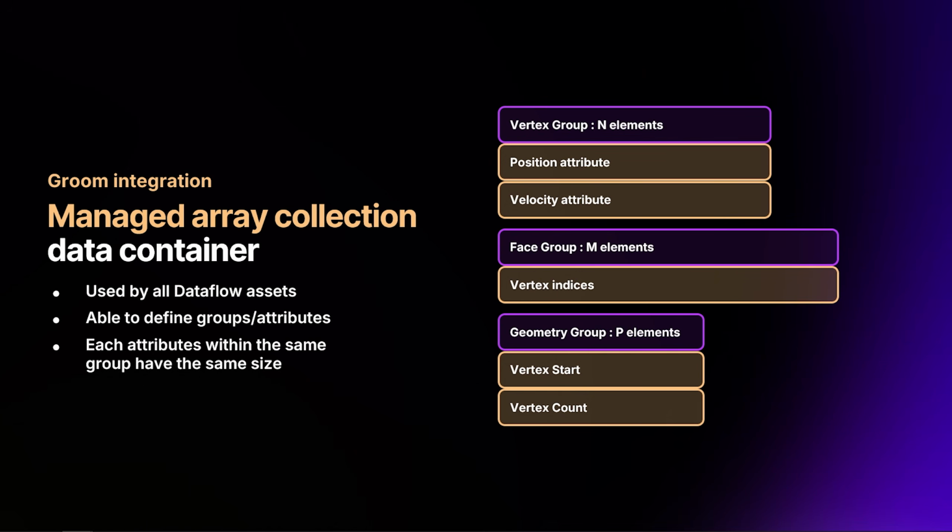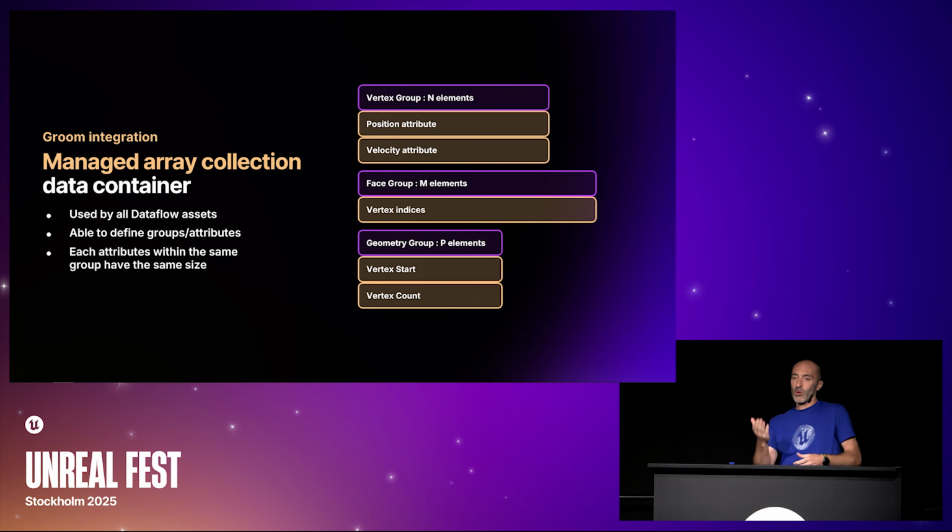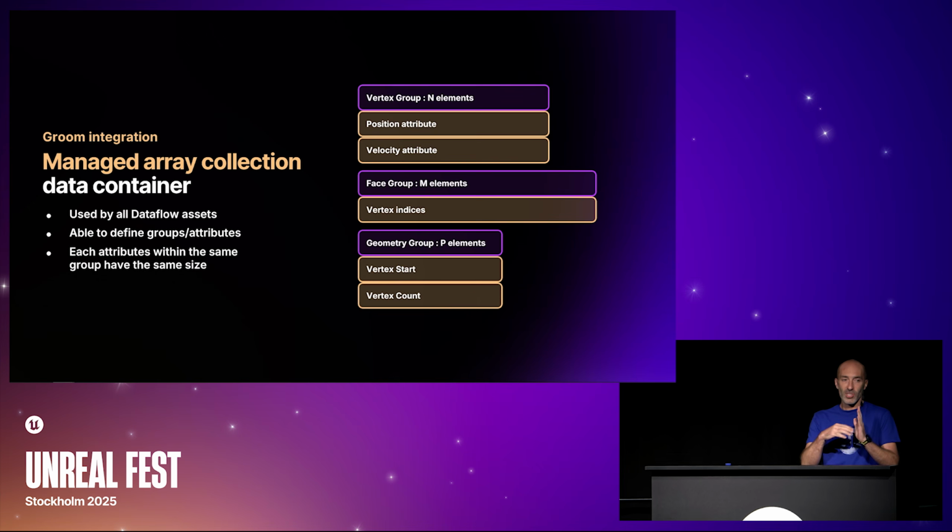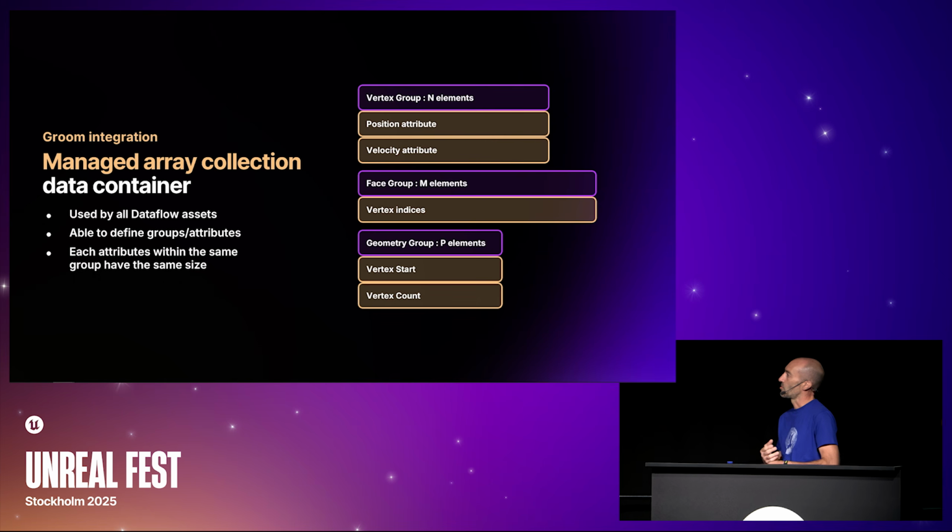Basically, you define groups, and you define a size for each group, and all the attributes that belong to that group will share exactly the same size. So it's really easy. For example, you have a vertex group with n elements. If you define a position attribute in that group and a velocity attribute in that group, both attributes will have n elements. Same goes for the face group and the geometry group.